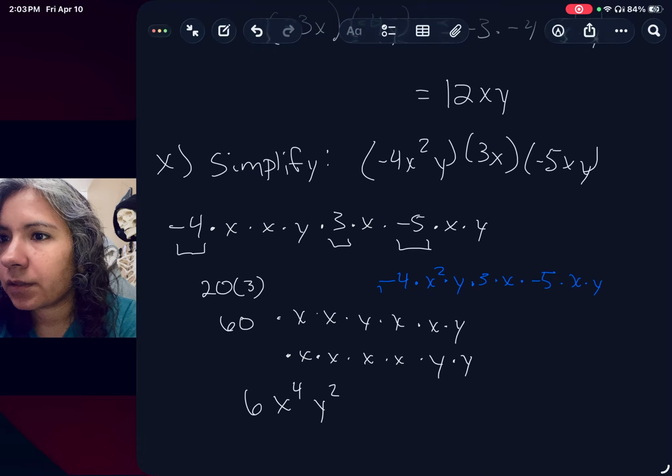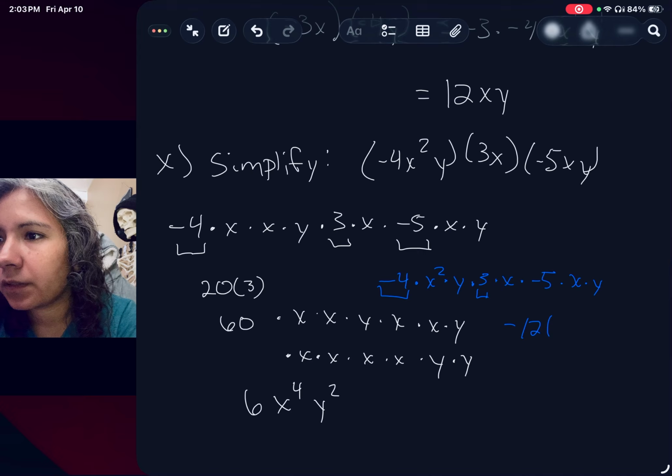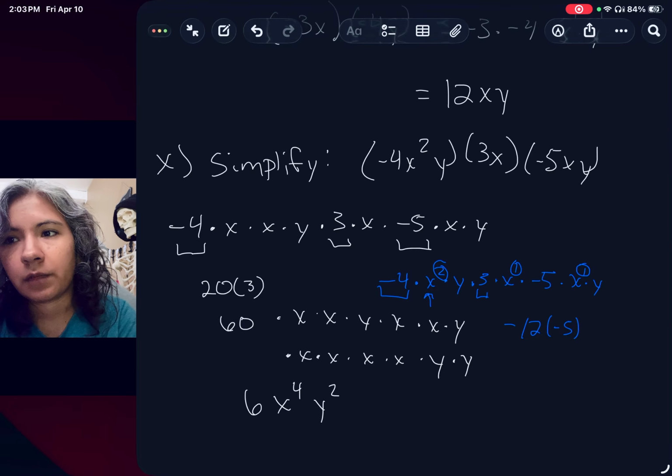So you can do 4 times 3, which is negative 12, times negative 5. So on here, if you want, you can still add these exponents, but you have to do it by the same variable.